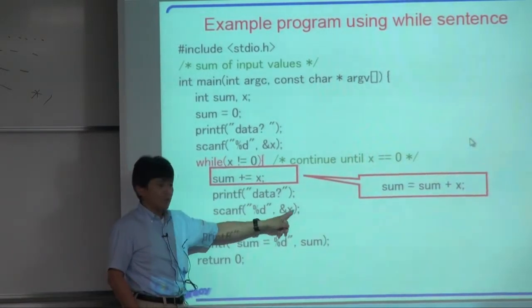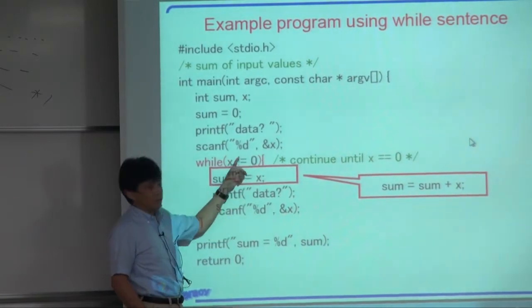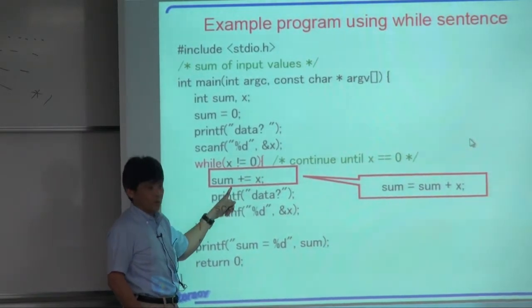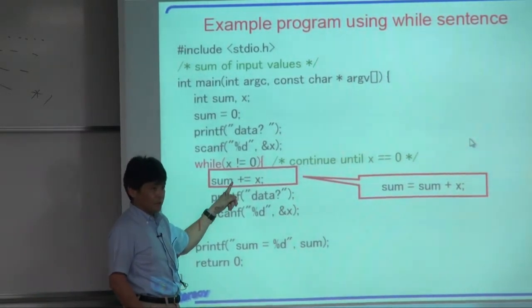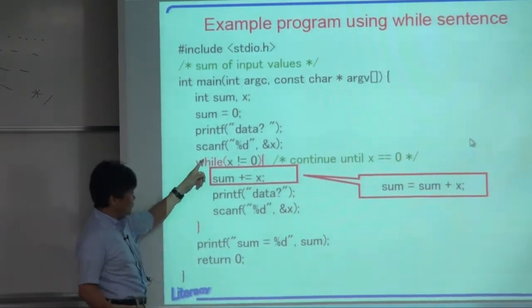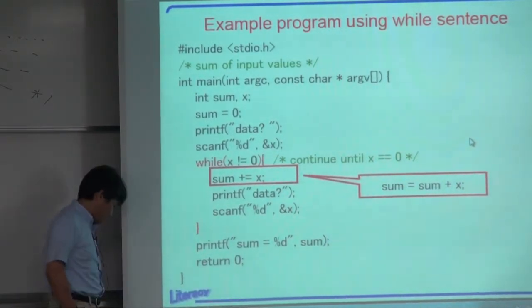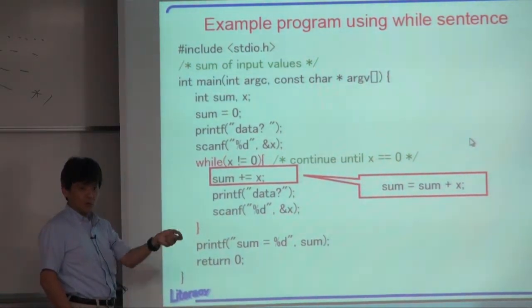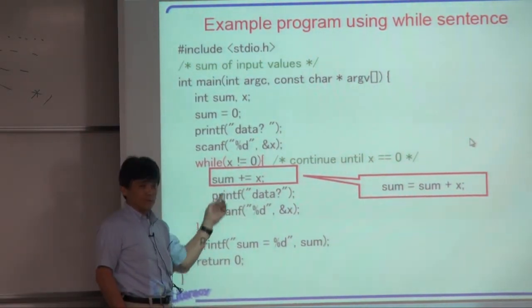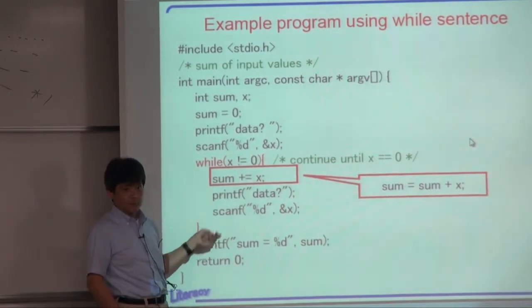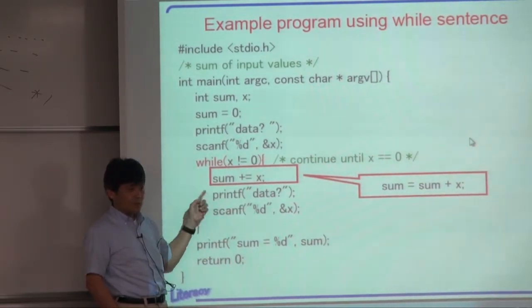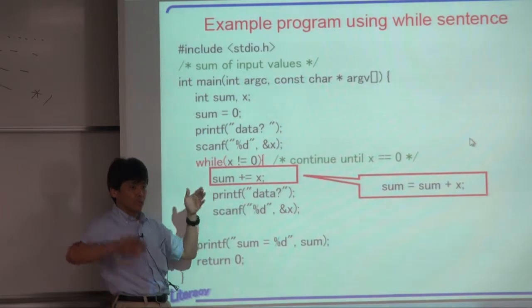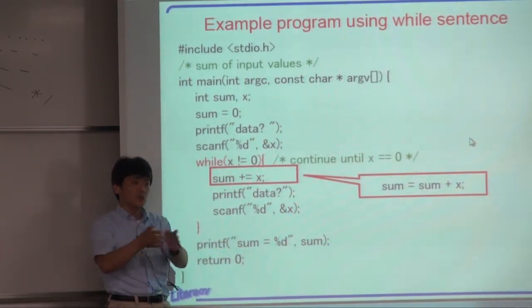If the input value of x is not 0, this will also be executed. In this way, until you enter 0 for x, these sentences will be executed. As a result, you can calculate the total of the input data.